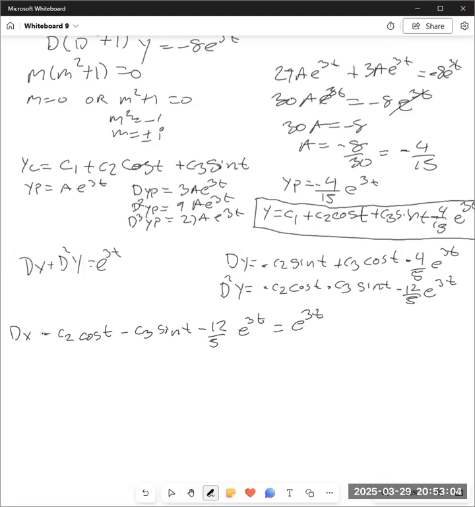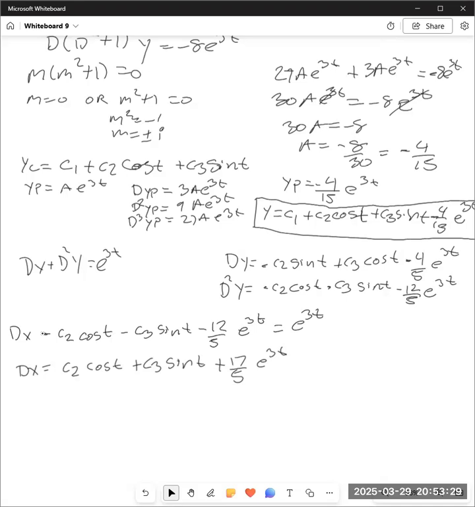That is not dx, so dx is equal to c2 cosine of t plus c3 sine of t. Then we're going to have 12/5 plus 5/5. It's going to be 17/5 e to the 3t.